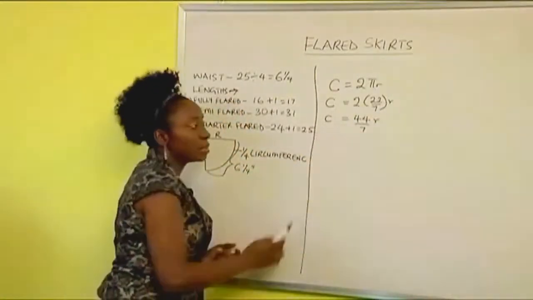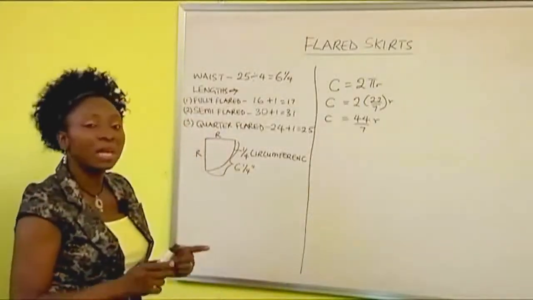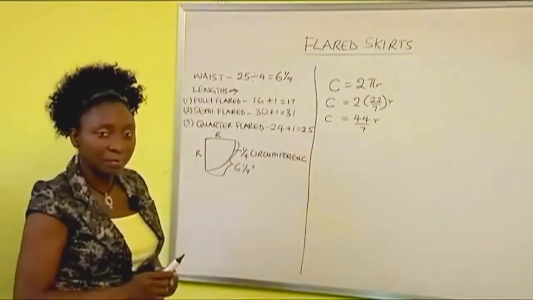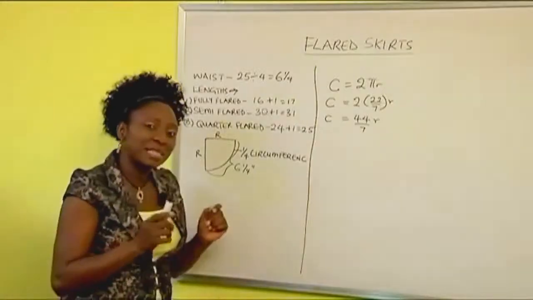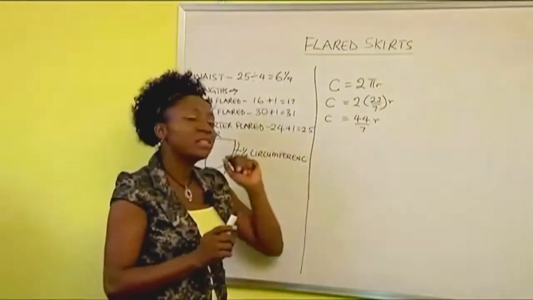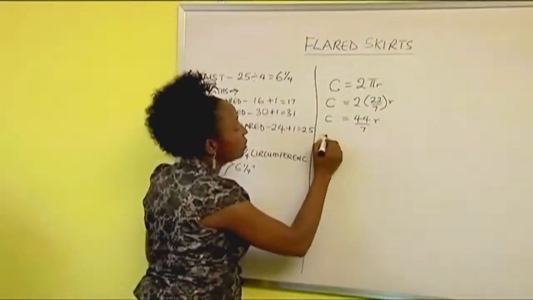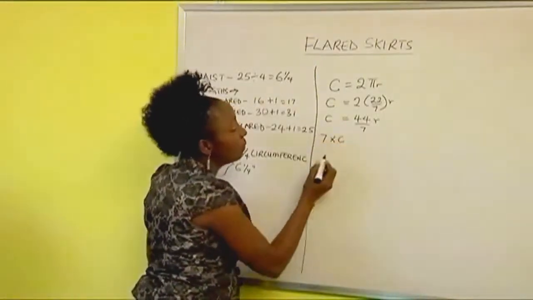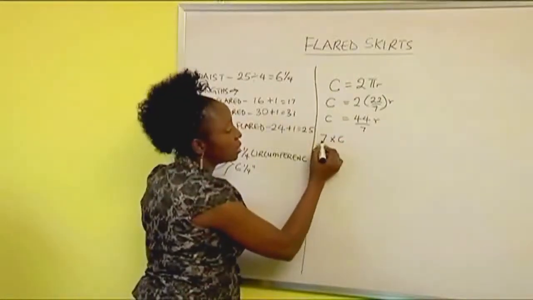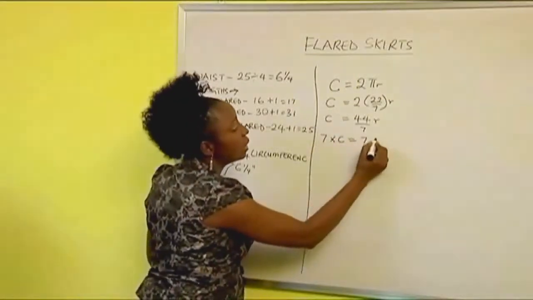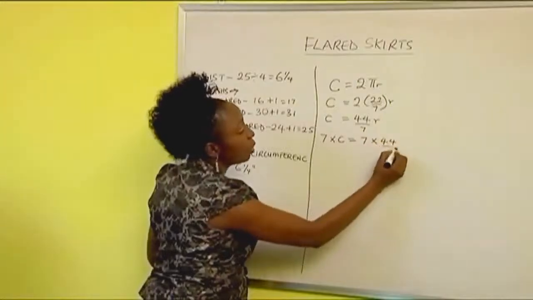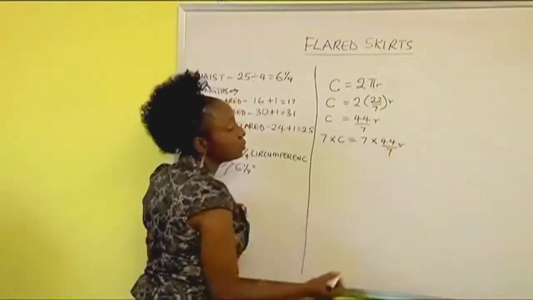Now, after I've done this, I'm going to multiply both sides by 7, because I'm trying to see how I'm going to make r the subject of the formula. So I multiply C by 7, and that will give me 7 times 44/7 r.